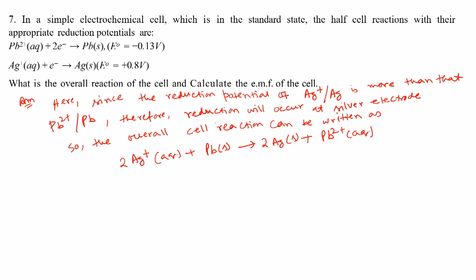In the anode oxidation takes place, and in the cathode reduction takes place. I can also write the corresponding half cell reactions, just to understand better.